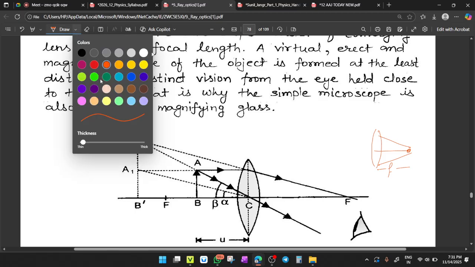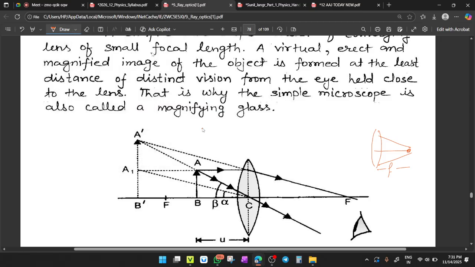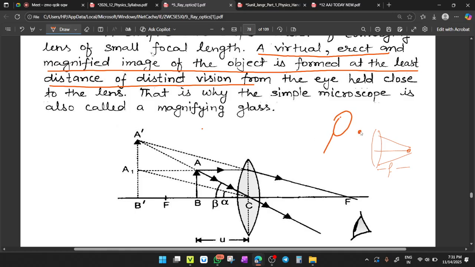So in the first situation, yes, these lines are very important. A virtual, erect, and magnified image of the object is formed at the least distance of distinct vision. So when you are adjusting your lens, try to understand, you have a lens like this, and there is the object, and this is your eye, right?